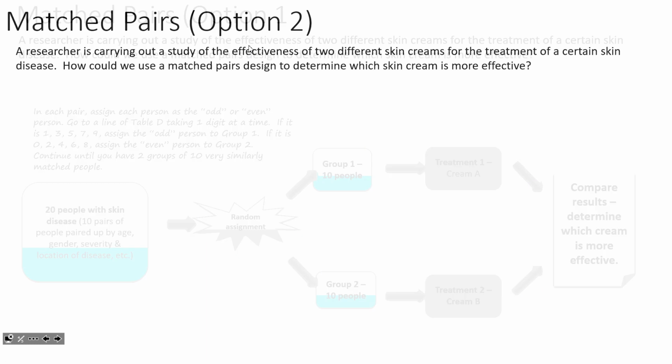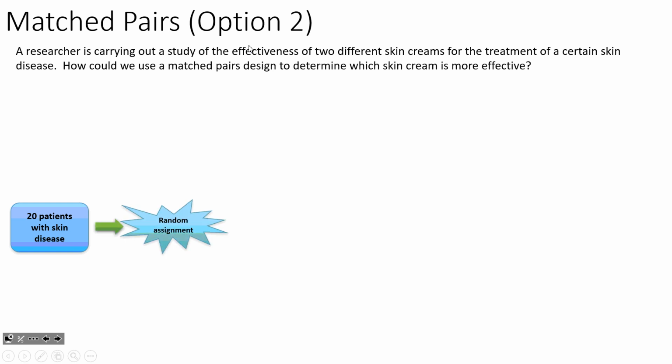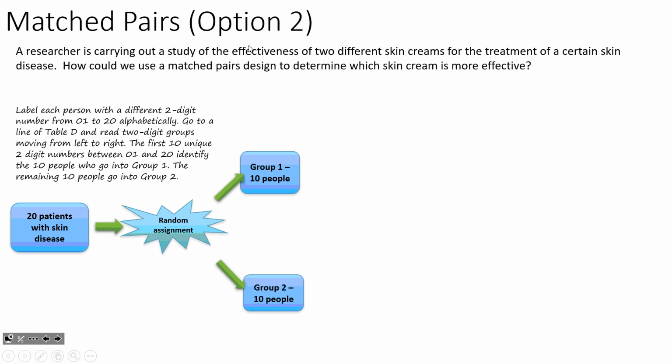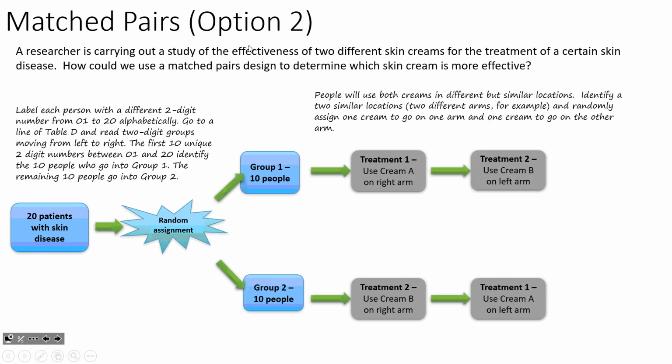My other option for matched pairs is when you can use each person as their own match. So here's what I was thinking with this. I think I probably could also do this, assuming, and I'll kind of click through, but assuming that they have, like let's say they have the skin disease on both arms and it's kind of similar severity on each arm, right?